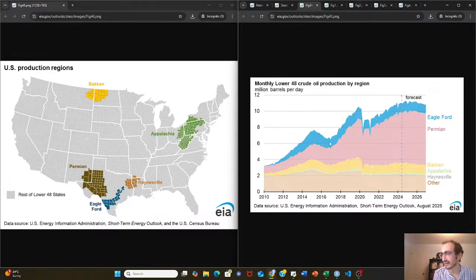I know Texas has a lot of oil down there. I wonder if there's a correlation. It makes sense that the biggest producers would be down here.